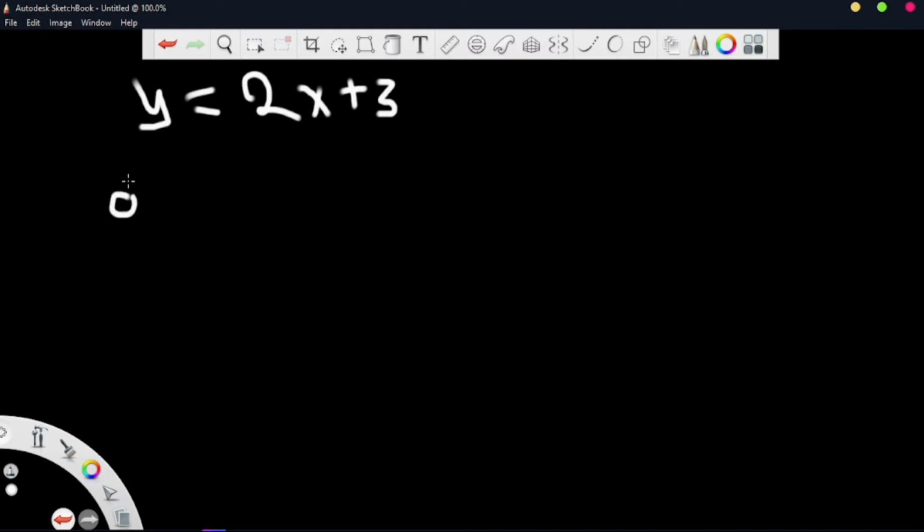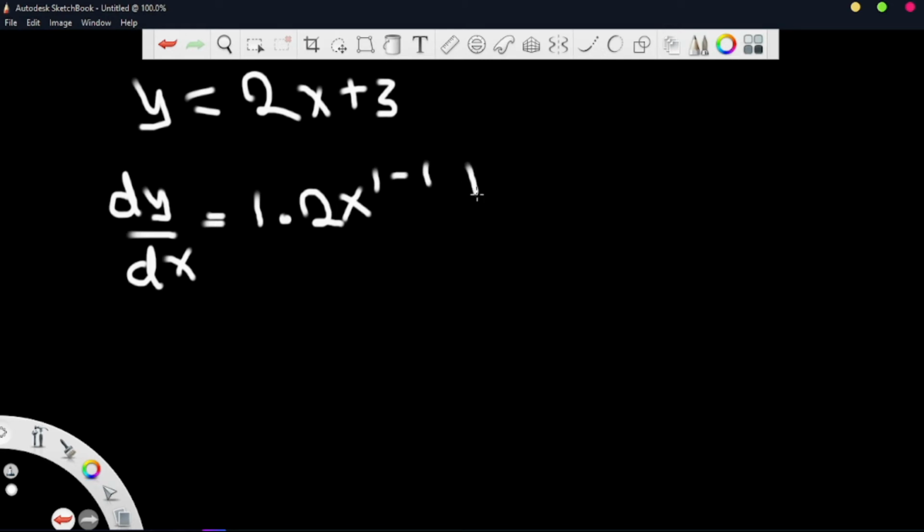So we can say dy over dx is equivalent to the power, this is 1, so we'll have 1 multiplying 2, and then we'll have x to the power 1 minus 1, plus the derivative of any number, 3, 5, may it be 10, is always 0, so we'll have 0. Once we do that, we're going to find that our dy over dx is just 2.